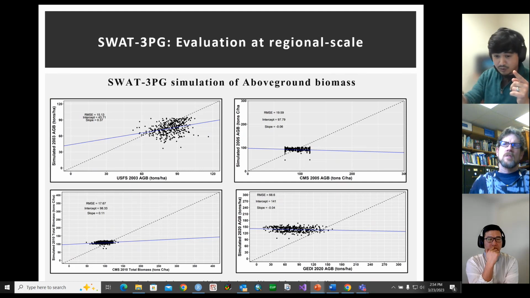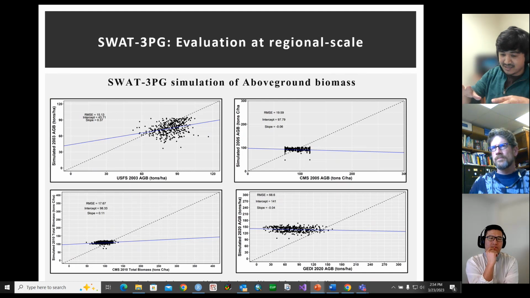The other thing to note is that we do not know all these different forest species, so our model is basically simulating only two forest species. Deciduous, like aspen, and one other evergreen forest, I forgot the name.